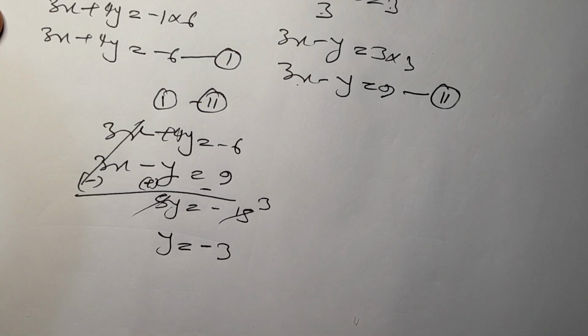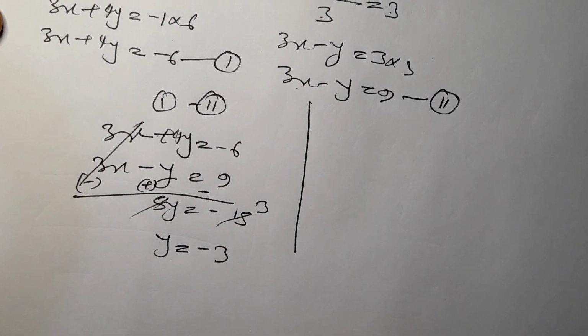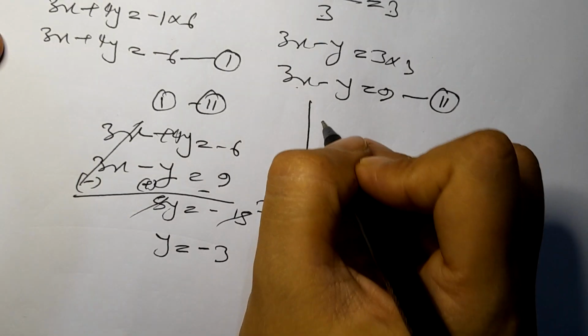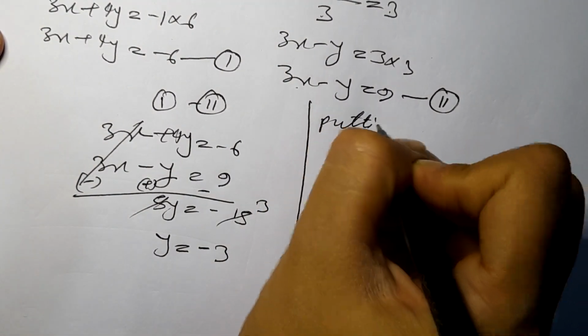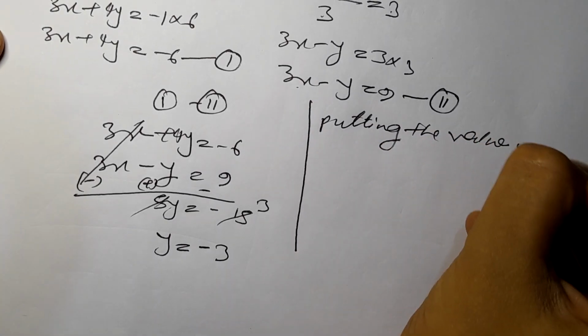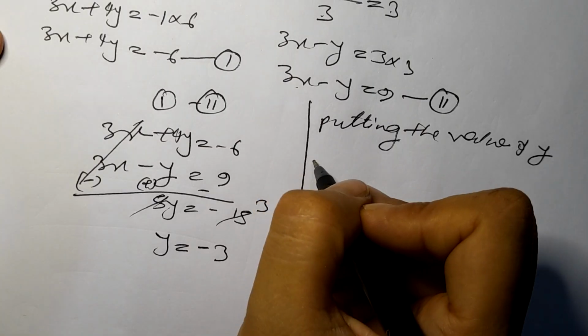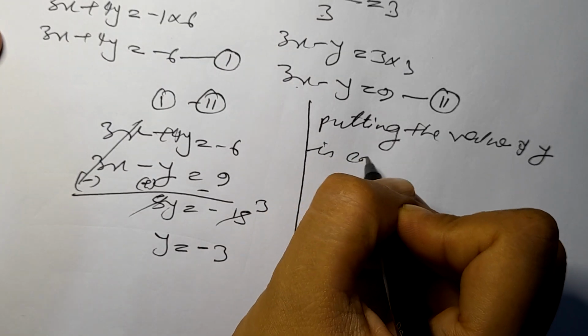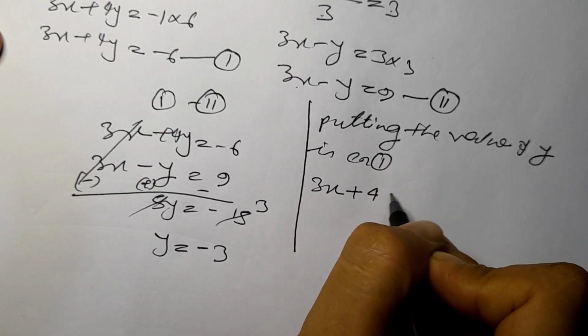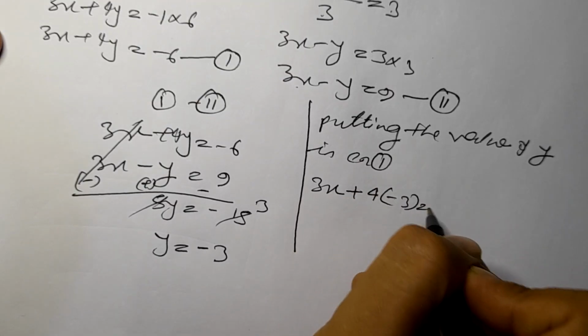Since we got the value of y, now find the value of x. For finding the value of x, put it in any of the equations. Which equation will be better? I think equation number 1 will be better. Putting the value of y in equation 1, that is 3x plus 4y, with 4 into minus 3, equal to minus 6.